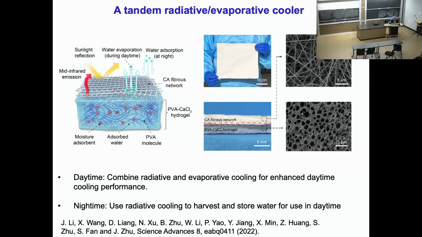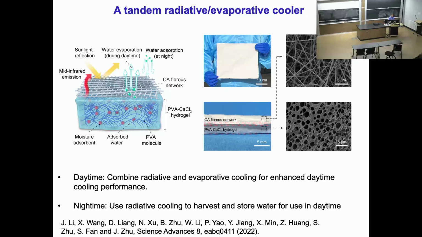So in this work, what we do is combine the two together. So this is a system where the top layer is made of a fibrous network, so these are hollow networks. They behave as a radiative cooler, but also behave as a water harvester at night, because at nighttime you can also do cooling. So at night, this top layer will harvest water.